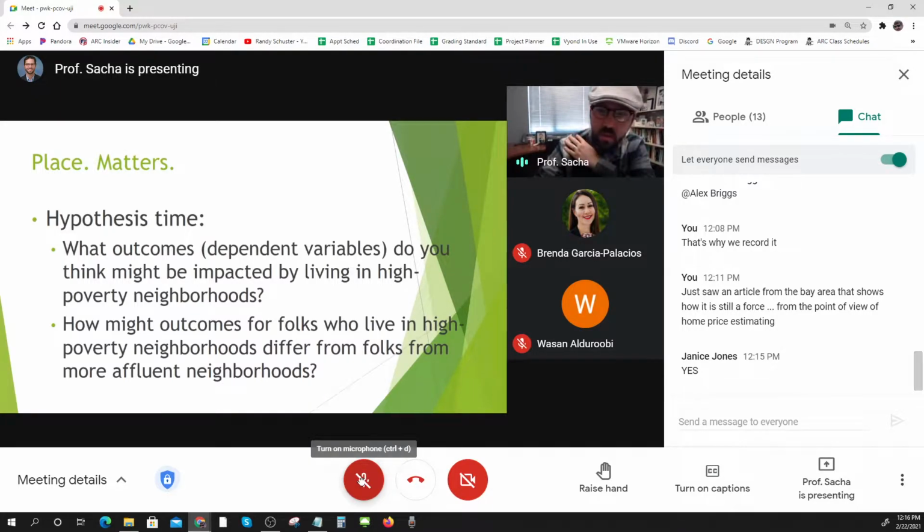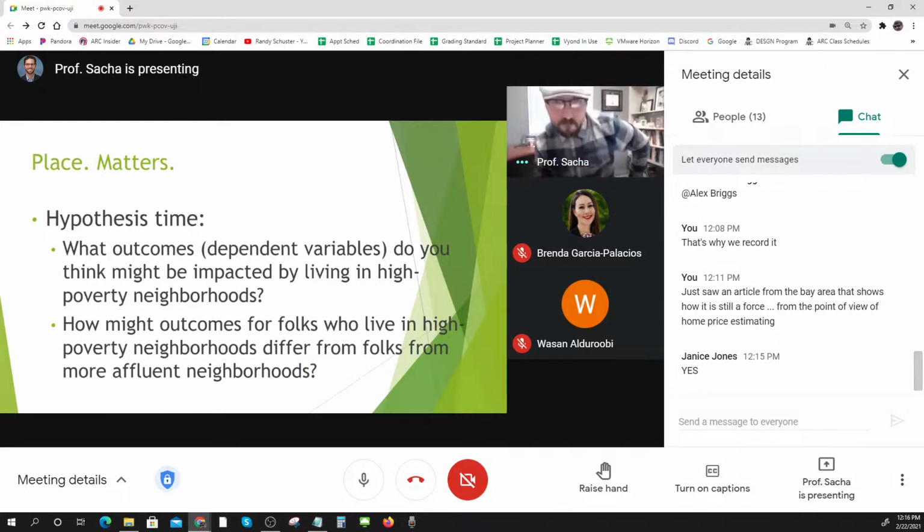What are some outcomes that you think would be important to look at, or that might be distinct? So, mobility.